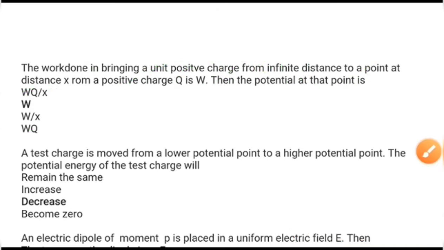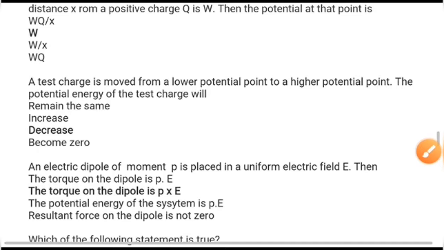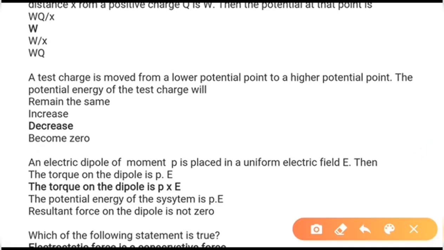So the answer is W. Next question, a test charge is moved from a lower potential to a higher potential. The potential energy of the test charge will be, here the test charge is not given, whether it is positive or negative. Always consider the test charge as a positive charge.